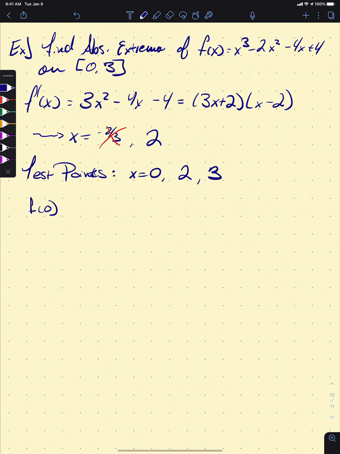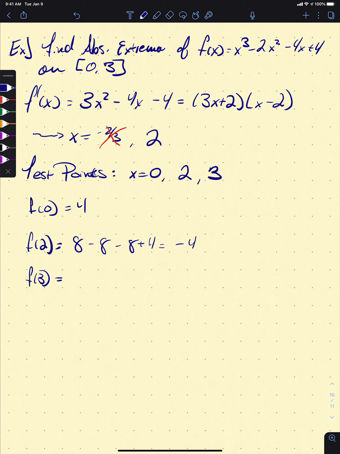And we can test the values. f of 0 is just going to be the constant term, which is 4. f of 2, that looks like it's going to be 2 cubed, or 8, minus 2 times 2 squared, or 8, minus 8 plus 4, which is going to come out to negative 4.